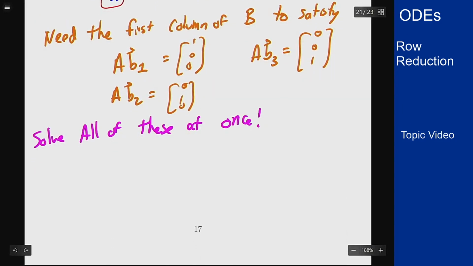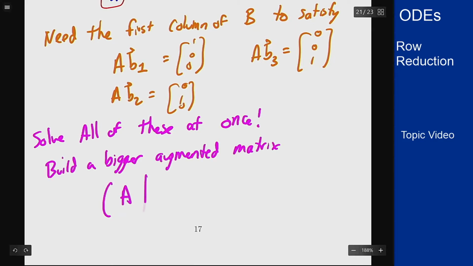So the idea is to build a bigger augmented matrix. We'll have A on this side, and on the other side we'll have all of these columns in a row. So we'll just put the entire identity matrix on the other side. And then we'll row reduce until the part on the left becomes the identity matrix. It must become the identity matrix under row reduction to reduced row echelon form, because it's invertible.